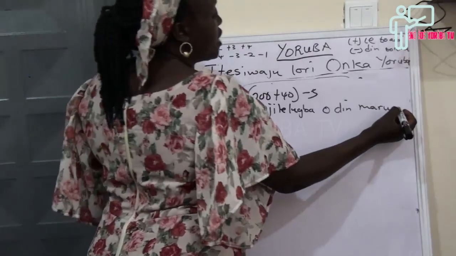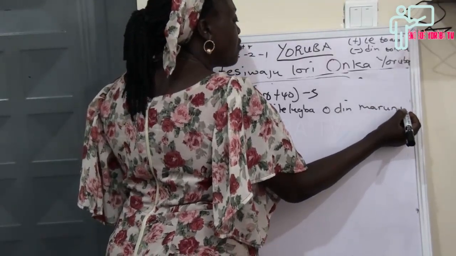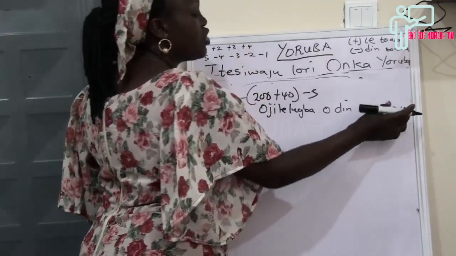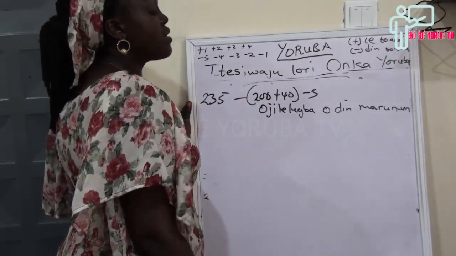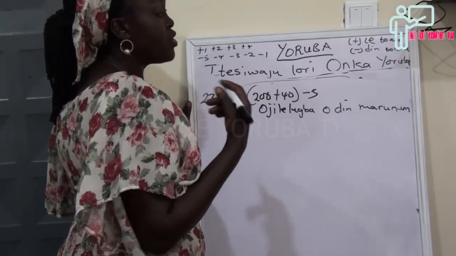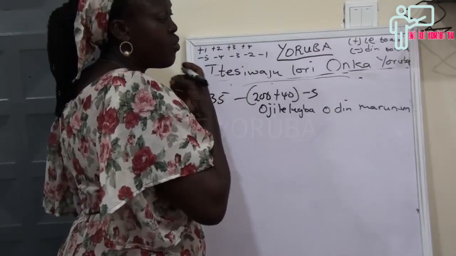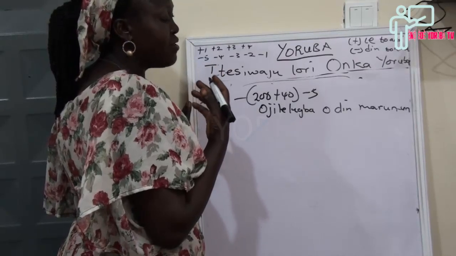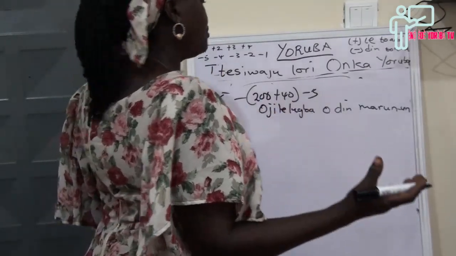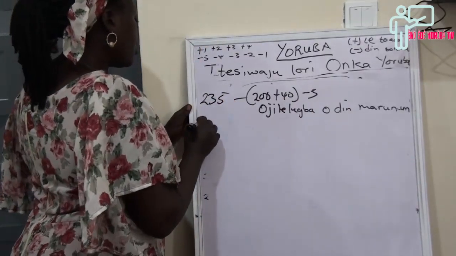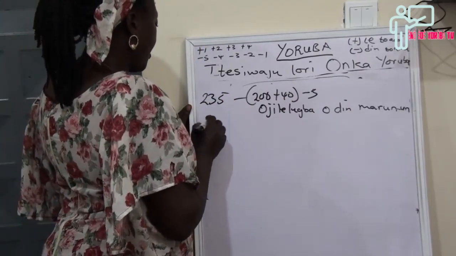You know, I've told you that when you are writing márùn-ún, it also carries un. That is the vowel, when you are calling it, you can see that it is nasal. Márùn-ún.